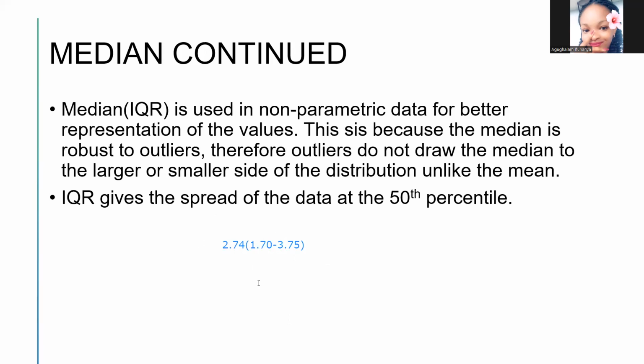So when you say 45,000 naira, you don't really just say that the median income is poor. You have to check the spread of the distribution around that median, and that is the essence of the IQR. The IQR will give the spread of the data at the 50th percentile.